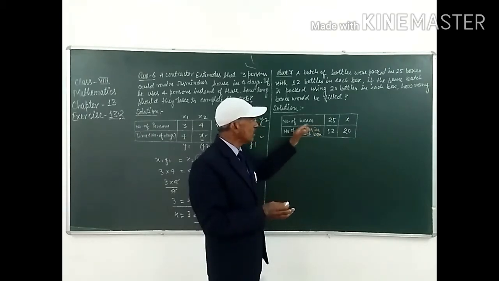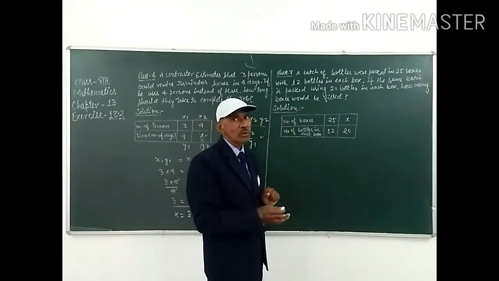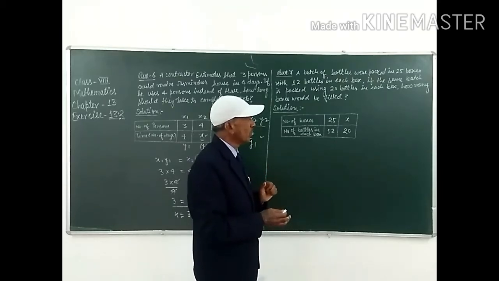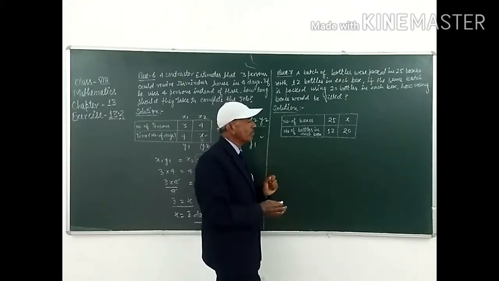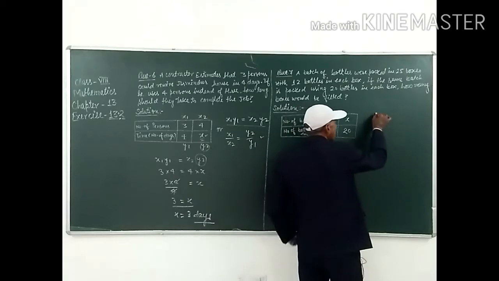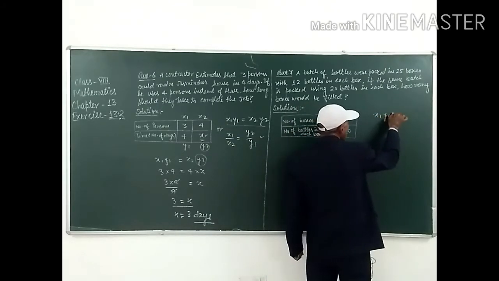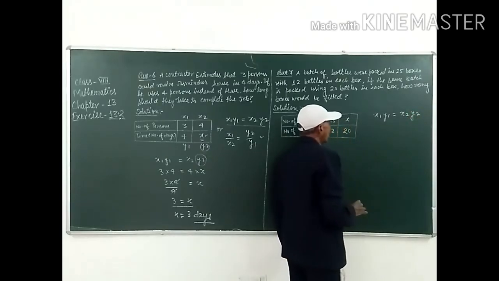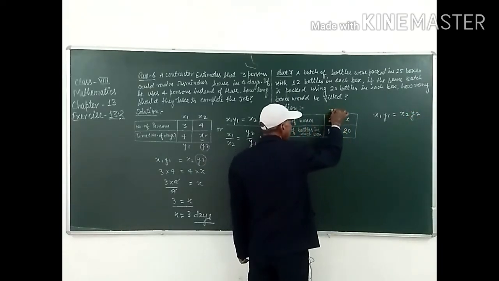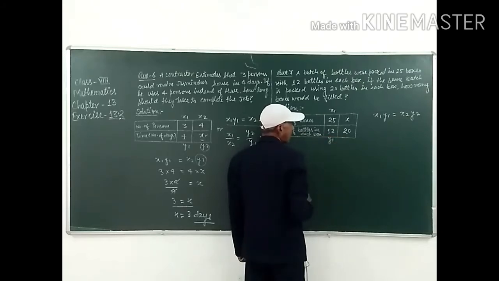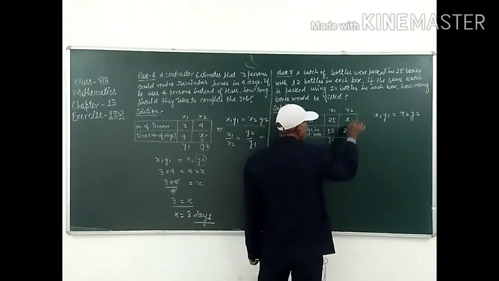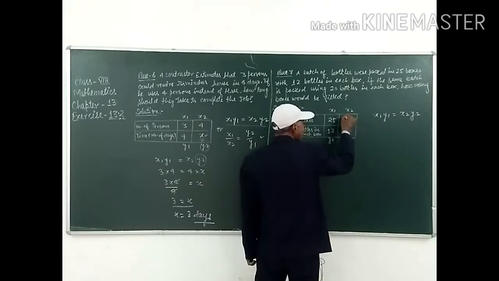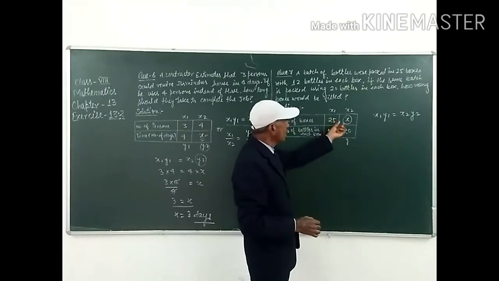So students, this question is related to inverse proportion. So for inverse proportion we have to use the formula x1 y1 is equal to x2 y2. So this one x1 y1, this x2 and y2. So in x2, students, there is x. So we have to find this unknown quantity, that is x.